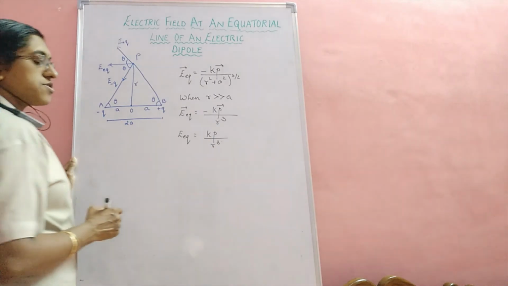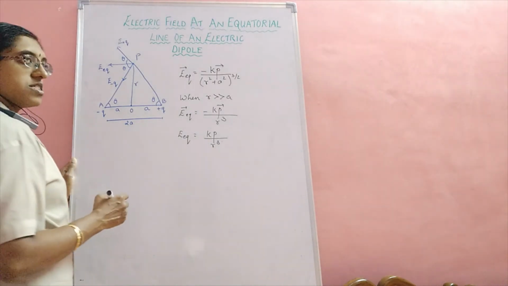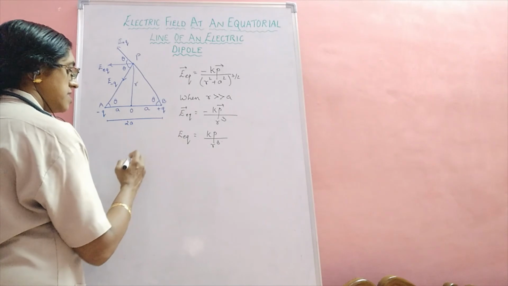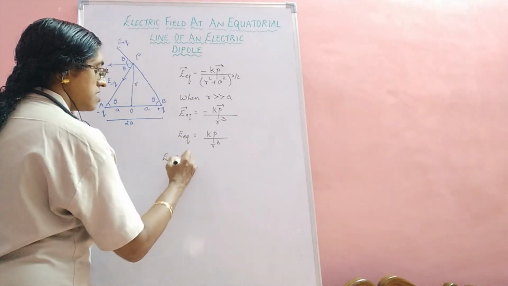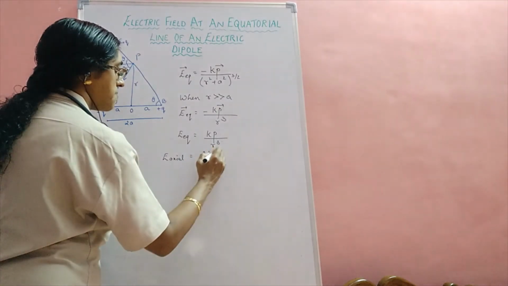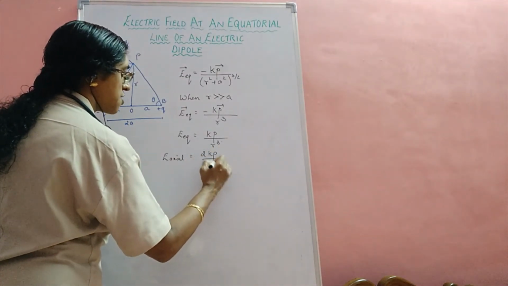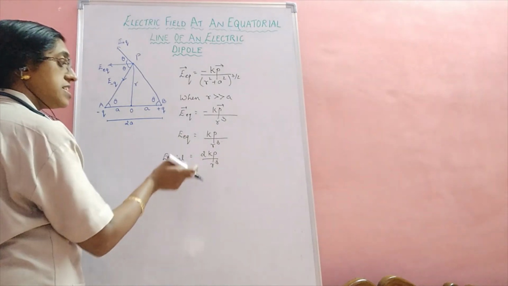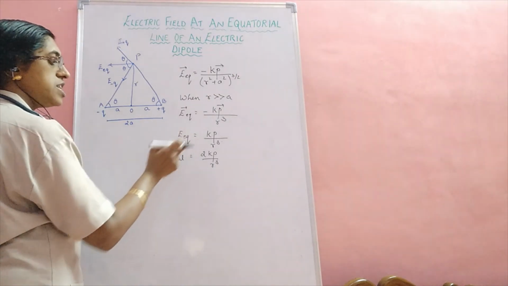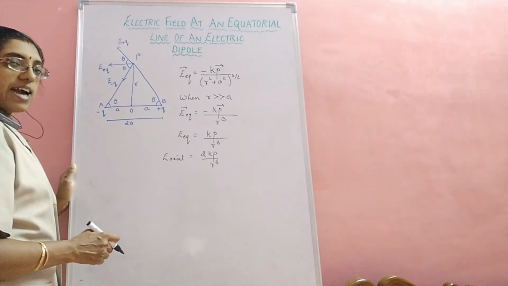Right. Also, children, we have learned in the previous video that E axial is equal to 2 Kp by R cube. Hence, we can have an interrelationship between E equatorial and E axial.